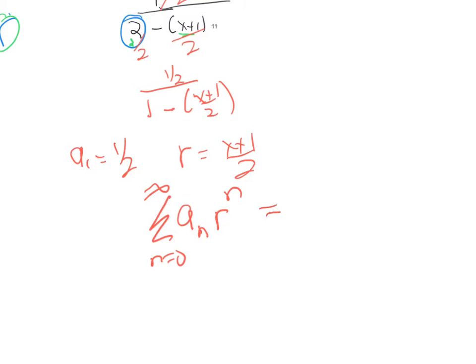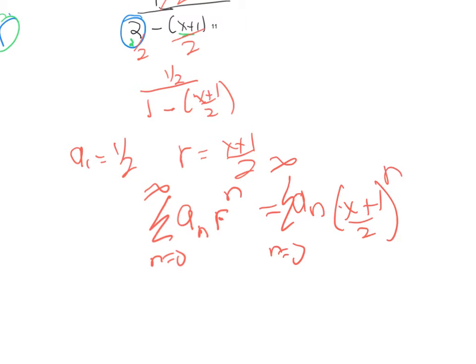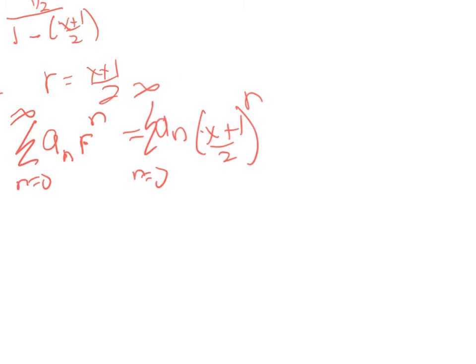A sub n, summation, n is 0 to infinity. R is x plus 1 over 2 to the n. That's my geometric power series.